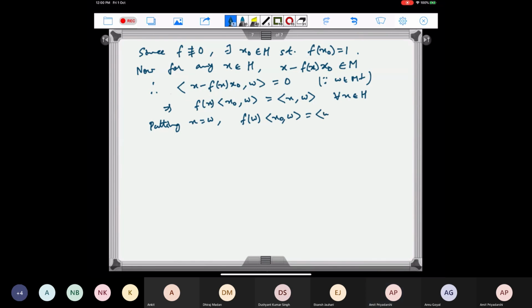This is w inner product with w, and this is non-zero since w is non-zero. So this implies x naught inner product with w is non-zero.